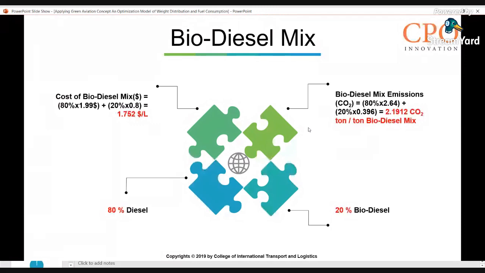It has a cost of $1.75 per liter, which is much lower than the $2 per liter for the conventional fuel. The biodiesel mix emits around 2.19 tons of CO2 per ton burned per hour. So the difference is not huge, yet it's effective. It's better than nothing. So we are going with 80% diesel and 20% biodiesel.